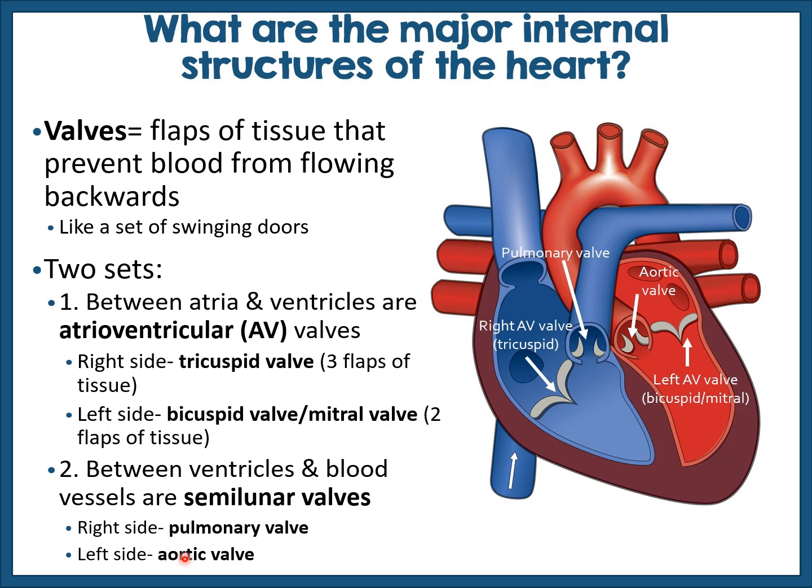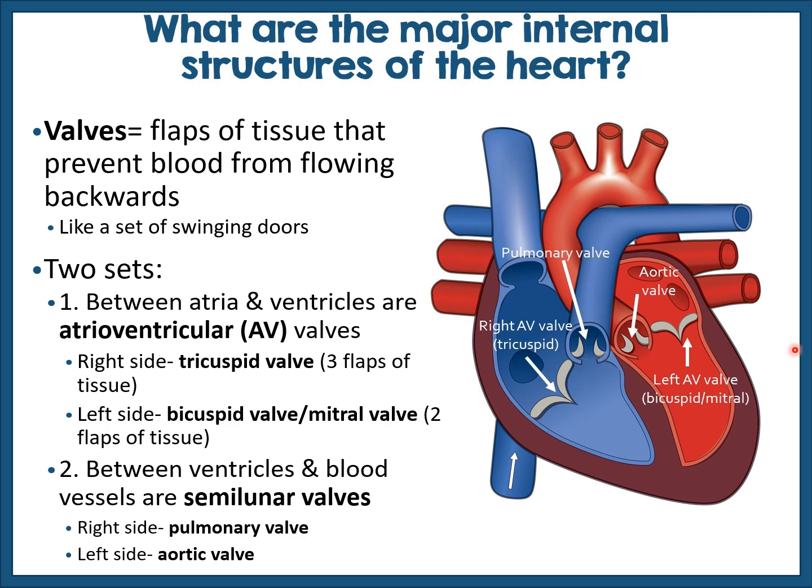And then we're also going to have valves between the ventricles and blood vessels. So on the right side of the heart, between the right ventricle and the pulmonary trunk here, there is going to be a semilunar valve called the pulmonary semilunar valve.